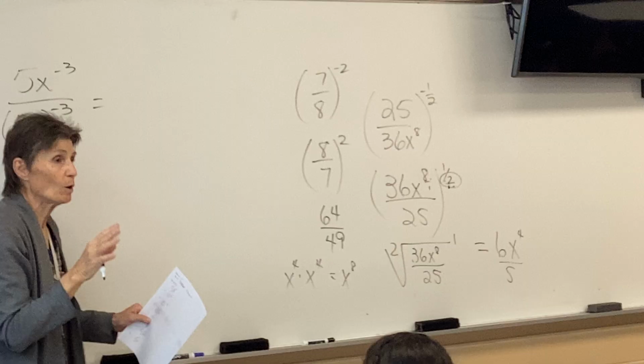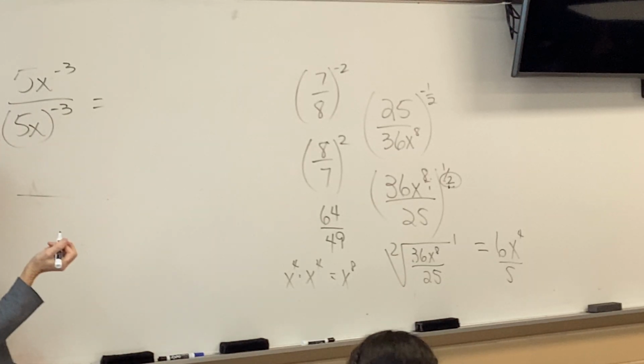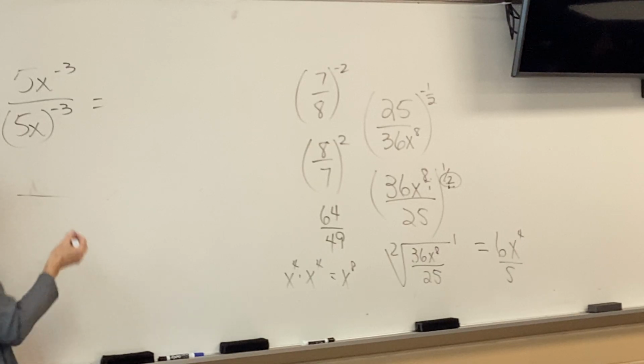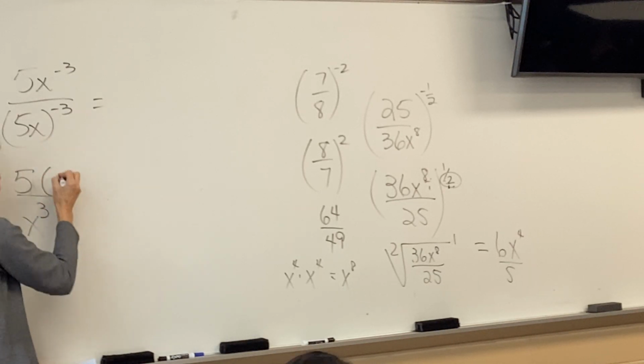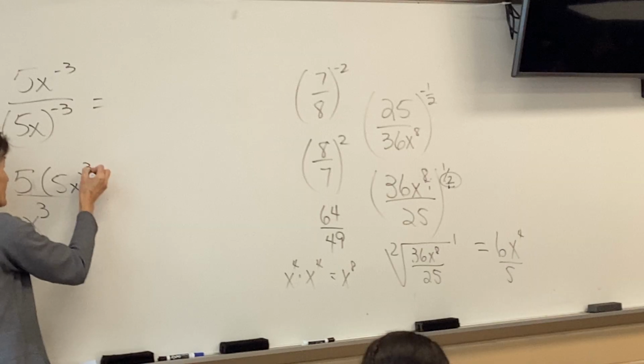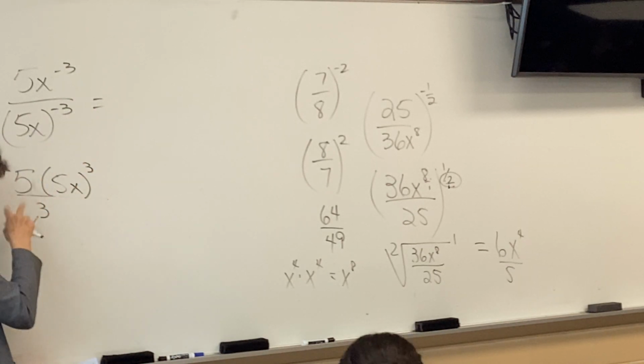So I'm not gonna flip the whole problem. I'm just gonna move the parts that have the negative exponent. So 5 isn't moving. X cubed is, this whole thing is, so it's gonna go to the top and become 5x, quantity cubed.